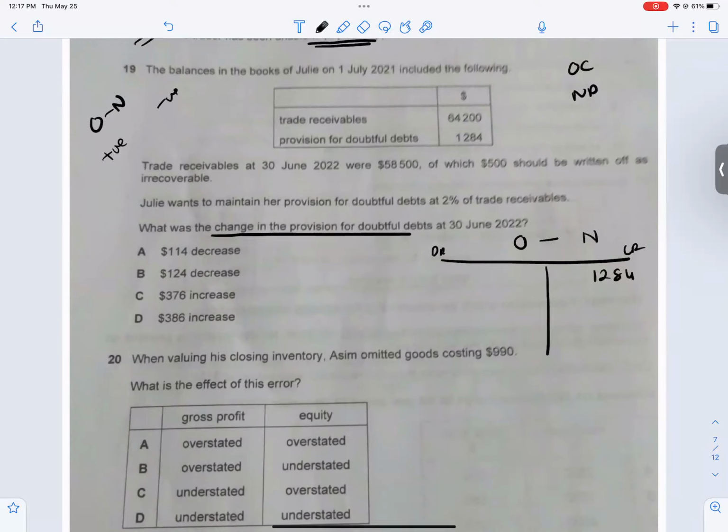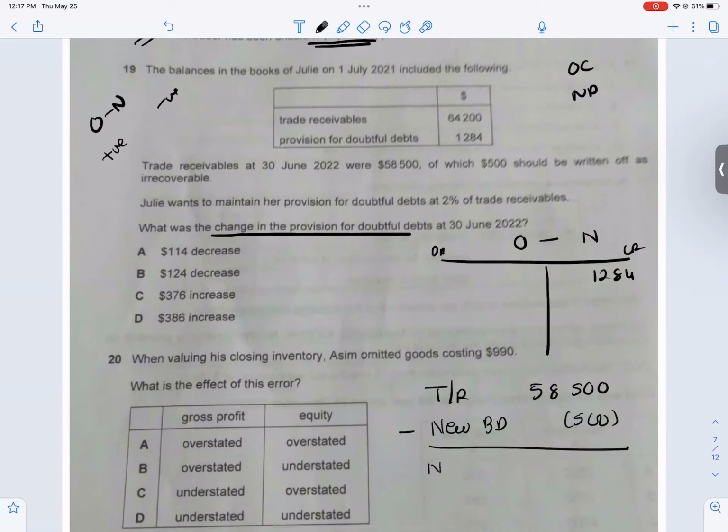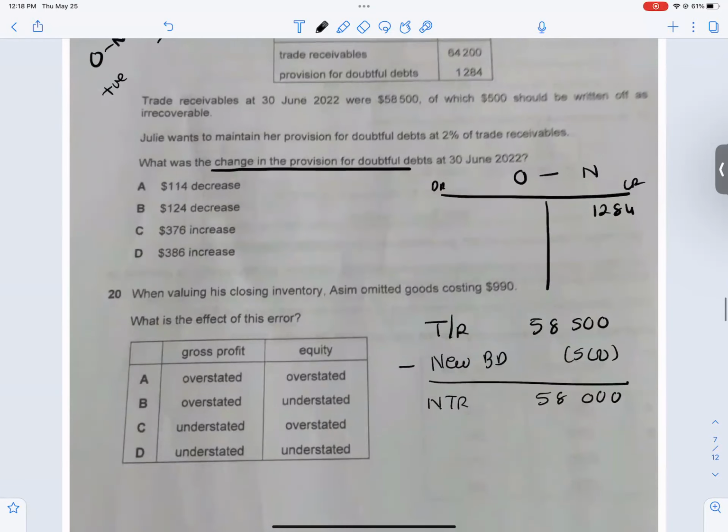Old provision is how much? 1284. On the last date, your trade receivables was how much? 58,500. From that you will minus your new bad debts. Your new bad debts is 500. Then you will get your NTR. NTR is 58,000. The new provision is created at 2%.